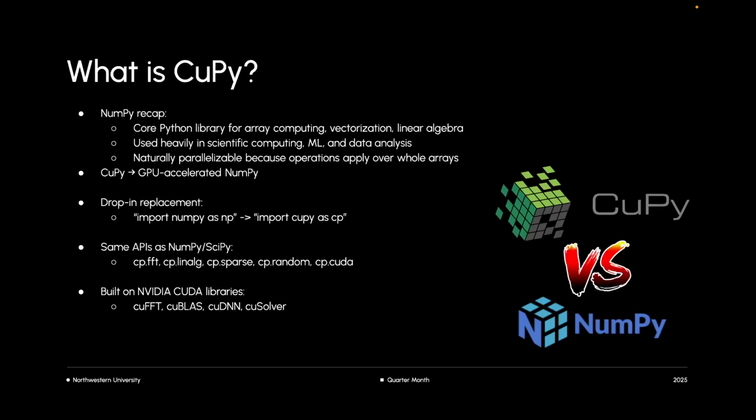So as most of you probably know, NumPy is one of the core scientific computing libraries in Python. It gives us n-dimensional arrays, vectorized operations, and efficient implementations of linear algebra, random sampling, and Fourier transforms.